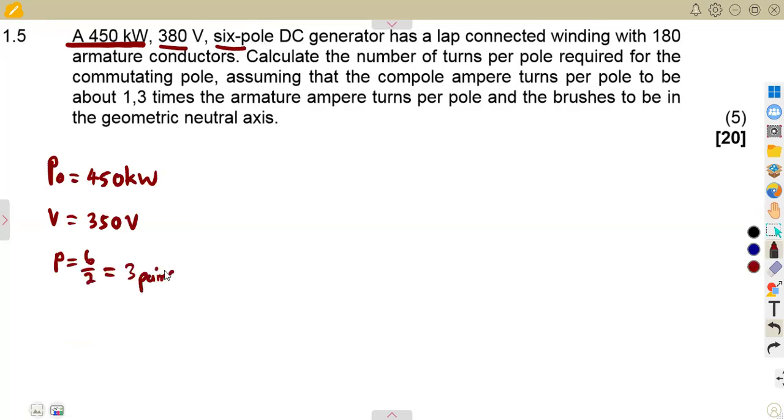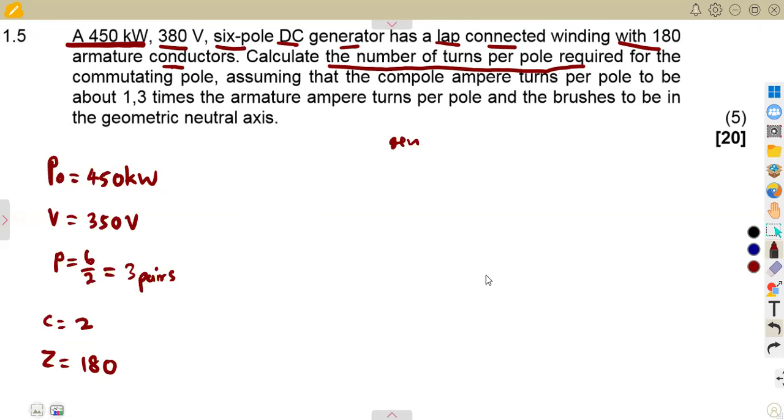The DC generator that you are working with has a lap connection. Remember, in a lap, C is equal to 2. With 180 armature conductors, Z being 180, calculate the number of turns per pole.